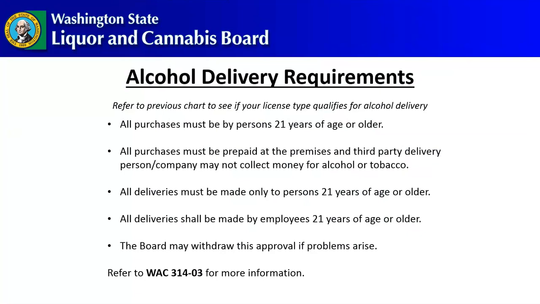The deliveries must be made only to people 21 or older, and the employee delivering the alcohol must also be 21 or over. And the board may withdraw the approval at any time if problems arise. Please refer to WAC 314-03 for more information on alcohol delivery.